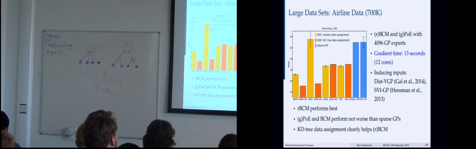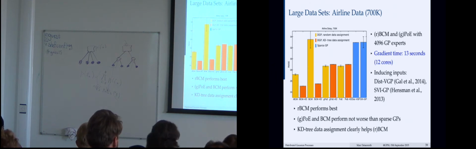But you could do this, but we would have another 4,000 times 8 parameters, so 32,000 parameters that we want to optimize if you push it to the limit. That makes it more complicated. In terms of computation time, computing the gradient takes 13 seconds on a workstation with 12 cores, so that trains really quickly.